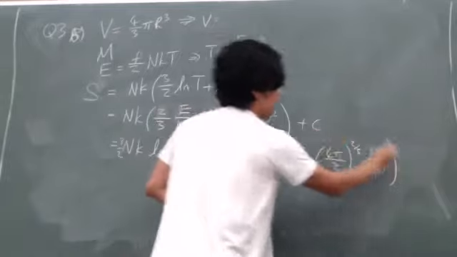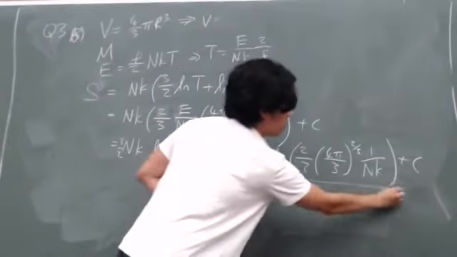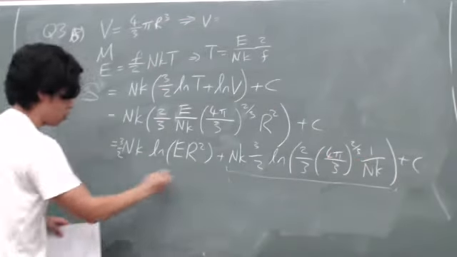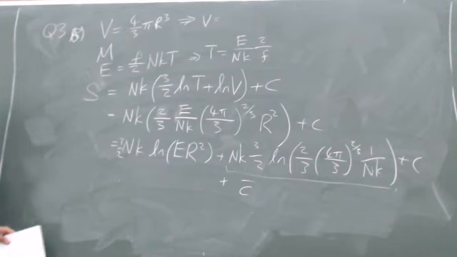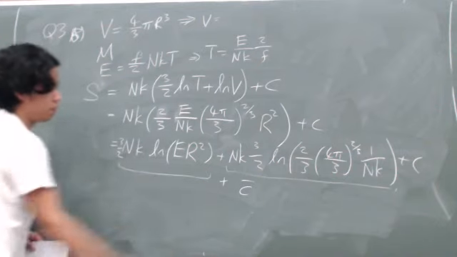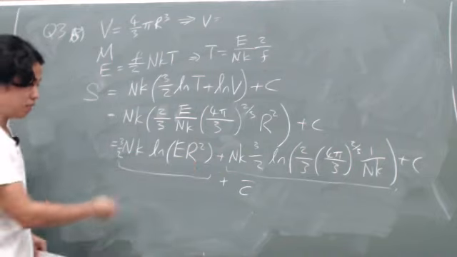There's plus C and plus C. So this is all just a constant number, and so is C. So now I'll just call this whole thing plus C bar, some other integration constant that I don't really care about. But this is the main expression for the entropy. So given an energy and how big the bound system is, you get this kind of entropy.